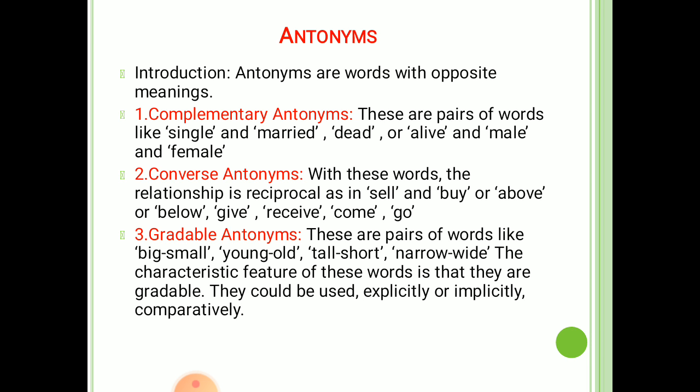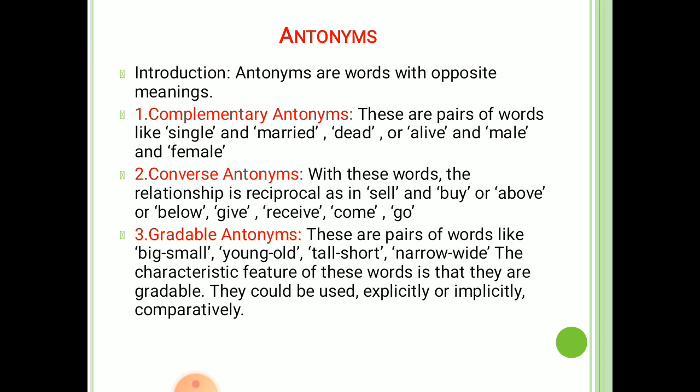Antonyms. Antonyms are words with opposite meanings. They are often thought of as the opposite of synonyms, but the two have different status. There are three types of oppositeness. First, complementary antonyms.